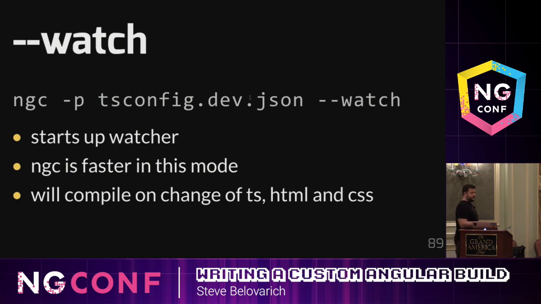With the ahead of time compiler, we get a watch argument, something like this, which would start up a watcher. It allows us to run ngc a little faster because it puts all of our application code in memory. It will compile on change of all of our TypeScript, HTML, CSS inside of our Angular application.